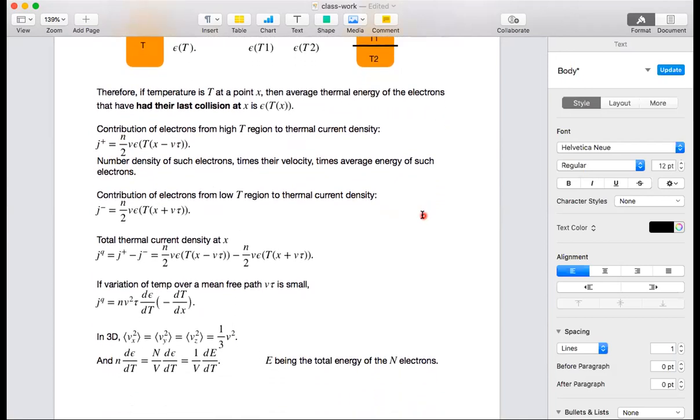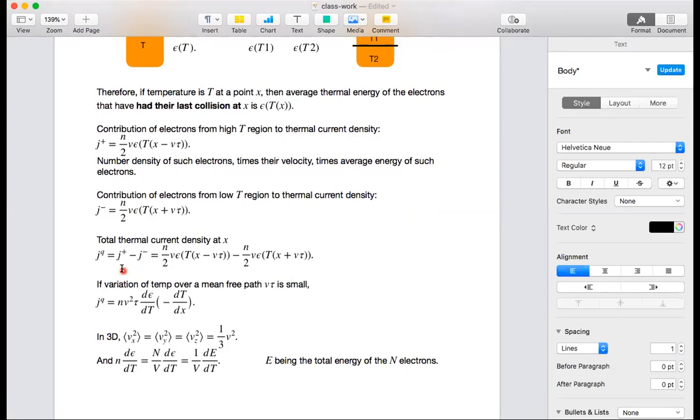By the same argument, the contribution of electrons that come from the right, the low temperature region, to the thermal current, I call it J minus, is n/2 v times epsilon corresponding to the temperature at point x plus v tau. So what is the net current? The net current is J plus minus J minus, because J plus is in the positive x direction, and J minus is the magnitude of the current in the negative x direction.